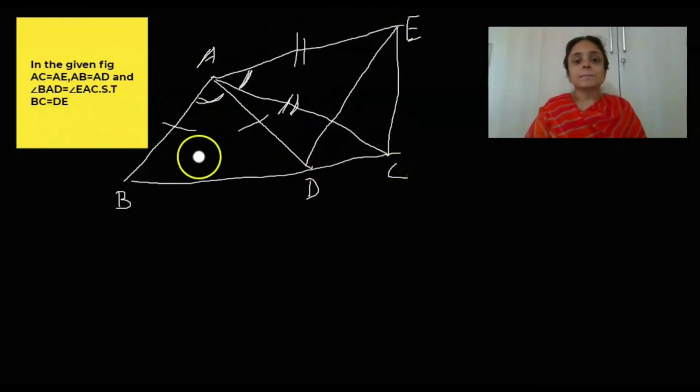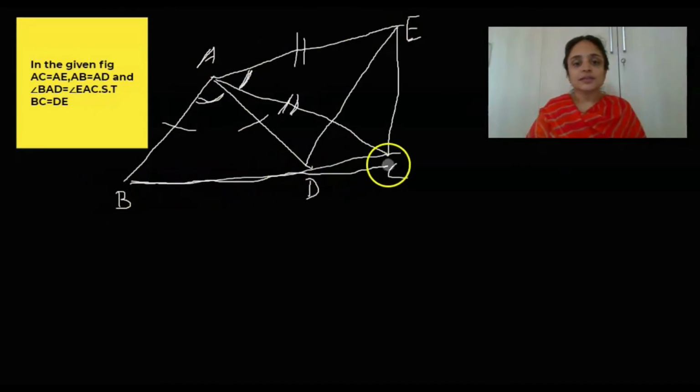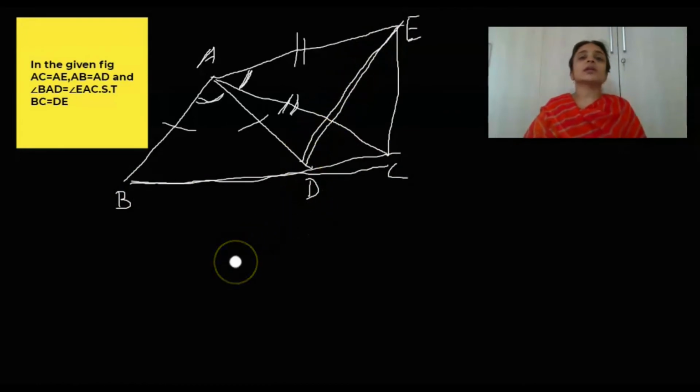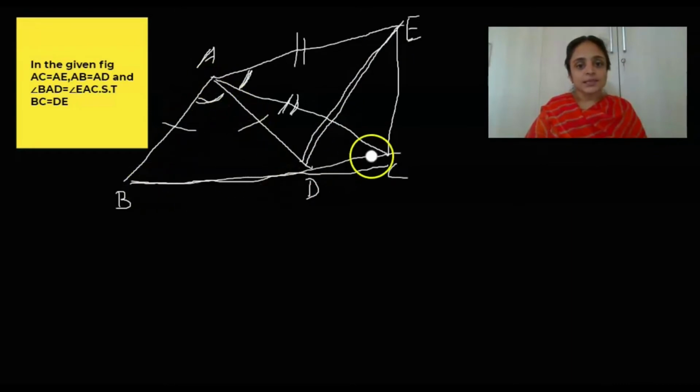Show that this BC is equal to DE. Okay, so for that we can prove that triangle ABC is congruent to triangle ADE. Then we can say that BC and DE are the corresponding sides of the congruent triangles, and from that we can say that BC is equal to DE.